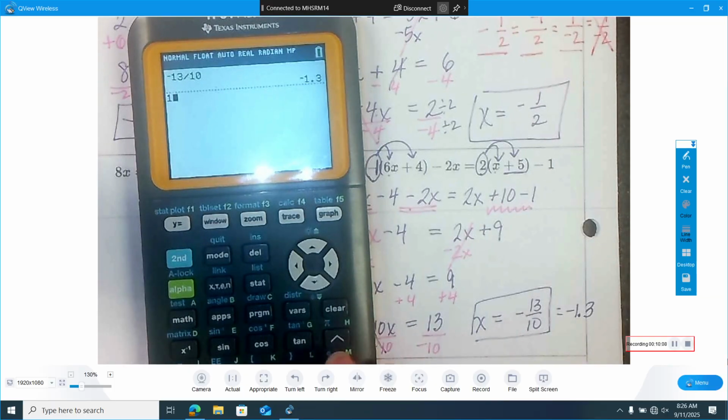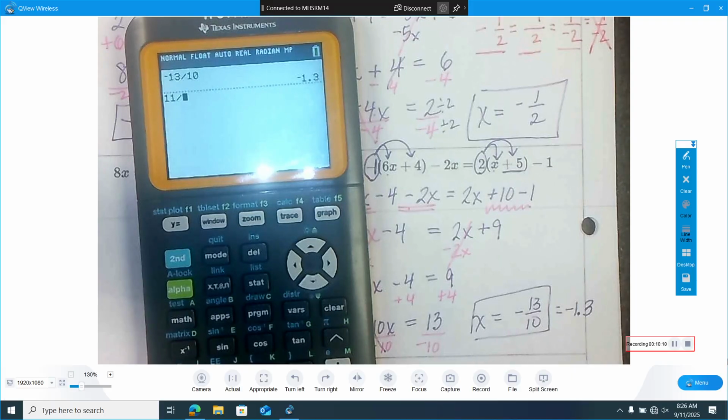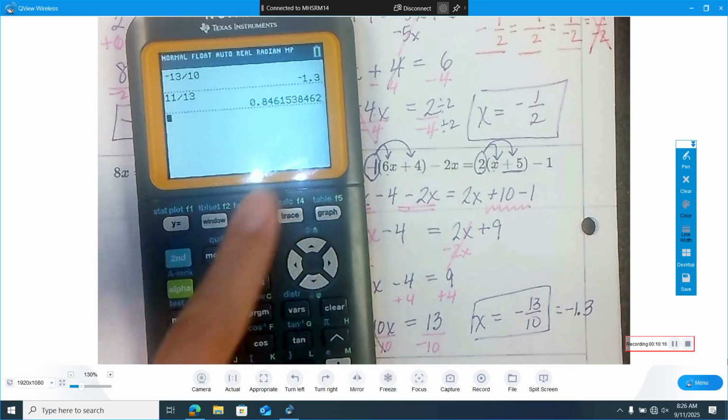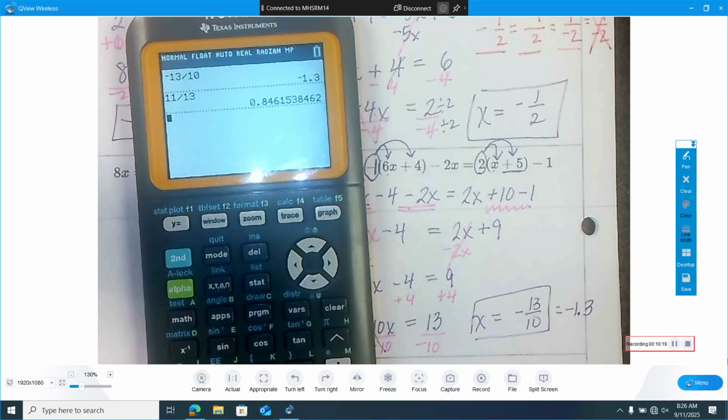Something like, I don't know, 11 over 13 is probably crazy. Yeah, there we go. 11 over 13 is a crazy decimal. This decimal does not stop right here where the calculator ended, okay? It goes on forever. It's crazy. Does it repeat? It does repeat. It looks like maybe. Yeah. So, but Delta Math won't allow that, okay?